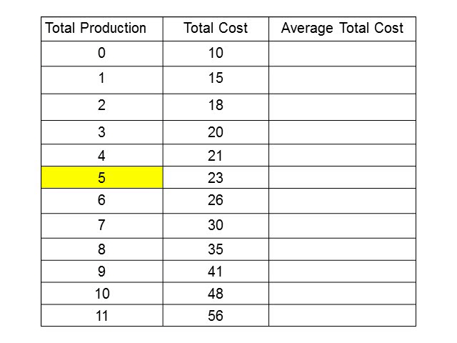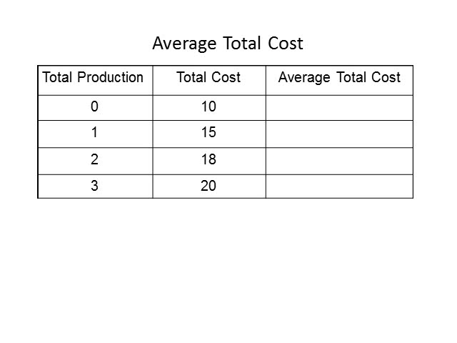For example, the number of printers that Boris and Colleen's factory produces is 5. The second column represents the total cost of producing a particular number of printers. For example, 35 represents the total cost of producing 8 printers. The third column represents the average total cost of producing printers, or the cost per printer.